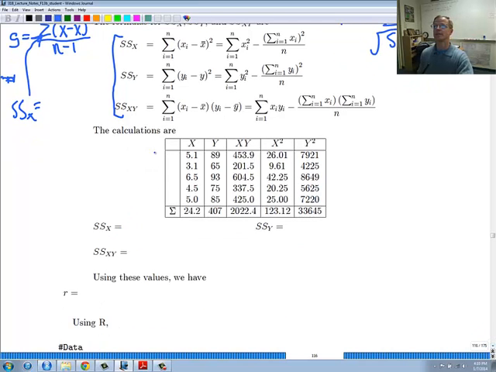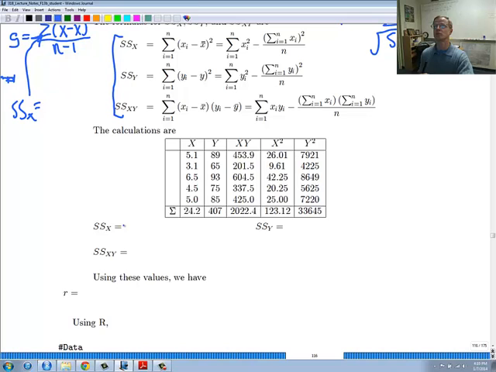Okay, SSX, I'm just going to look at the formula up top. It's the sum of the x squareds. So here's x, here's y. If I take x squared, 5.1 squared, boom, I'm right here. If I take 89 squared, boom, I'm right here. If I take the product, 5.1 times 89, boom, I'm here. And so on down the rows.